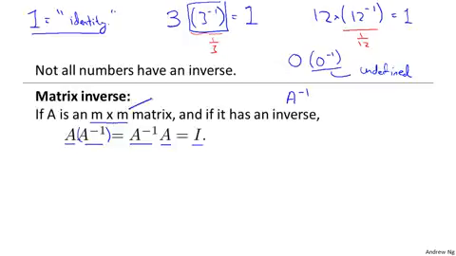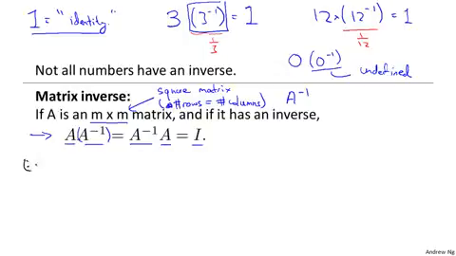A matrix that is m by m is also called a square matrix, and it's called square because the number of rows is equal to the number of columns. It turns out only square matrices have inverses. So if A is a square matrix, m by m, and if it has an inverse, then it satisfies this equation over here.